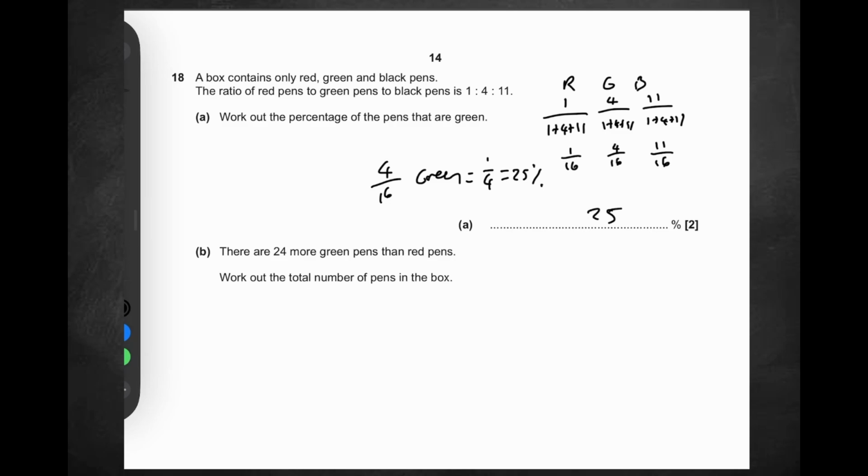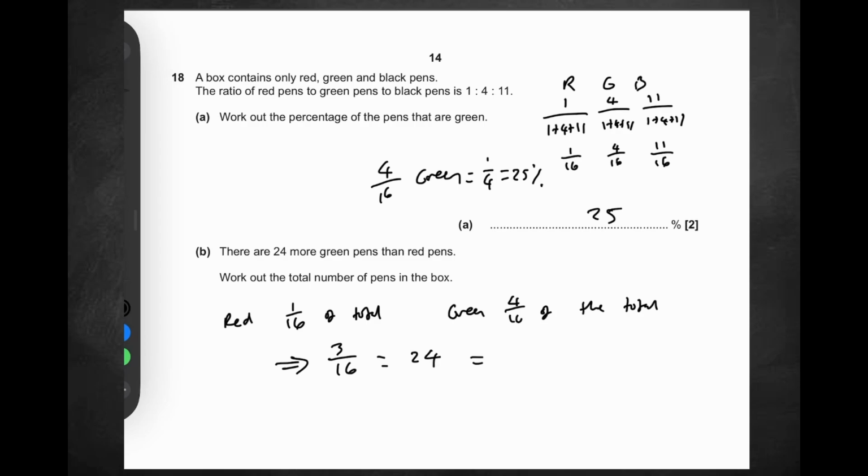Part B, there are 24 more green pens than red pens. Work out the total number of pens in the box. So we know that red is 1 out of 16 of the total. Green is 4 out of 16 of the total. Therefore, 3 out of 16, which is the difference between green and red, is 24.